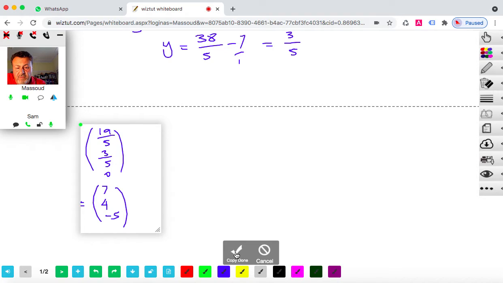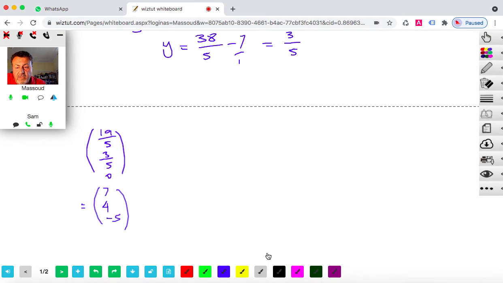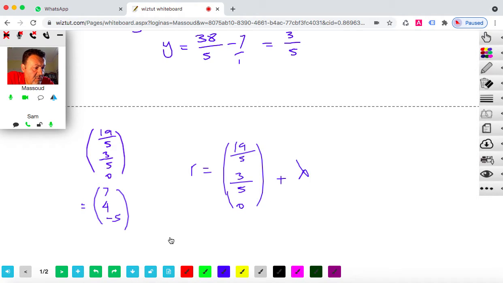The equation of the line would be one known point, 19 over 5, 3 over 5, and 0, plus lambda or t or s times the direction 4, 7, and minus 5. So that's the equation of the line. We could actually tidy this equation, but that is just as good.